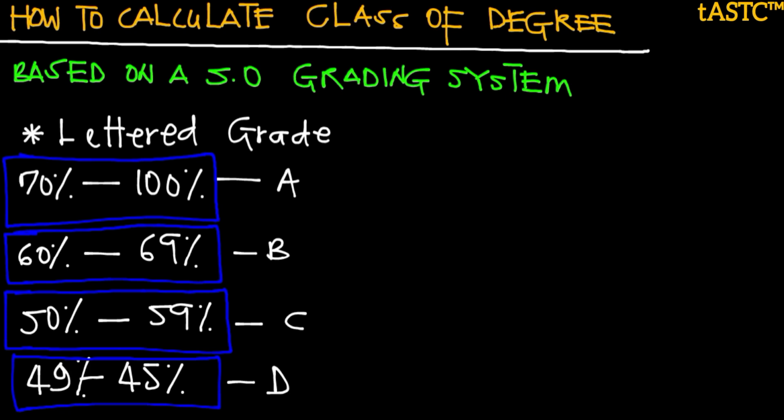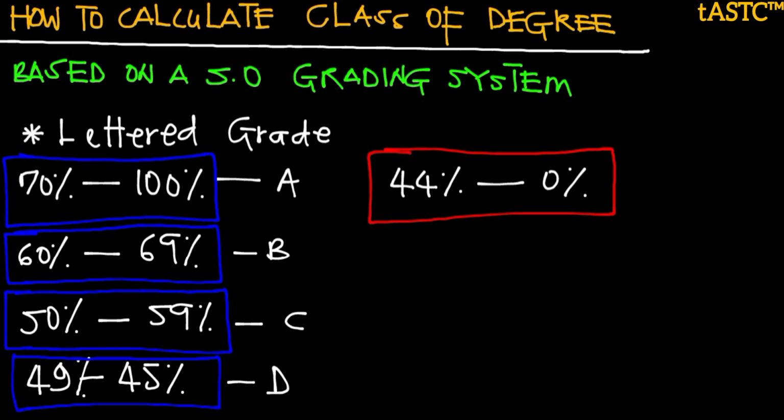So there is no E, there is just an F immediately after the D. So that means from 44% to 0%, if you had any score within this range, this would earn you an F. And what that means is you have failed that course.